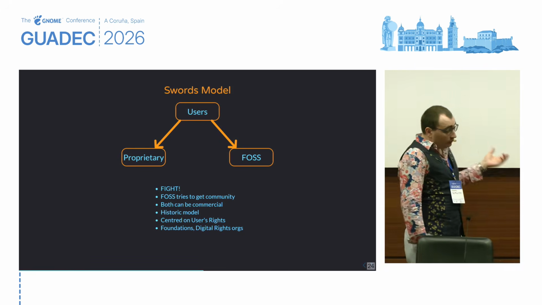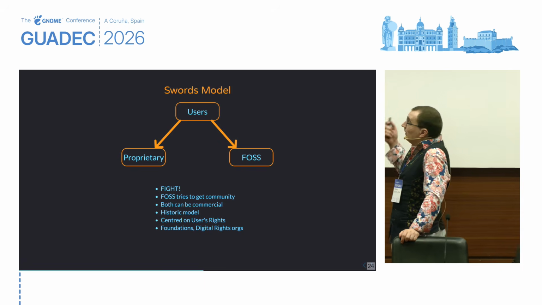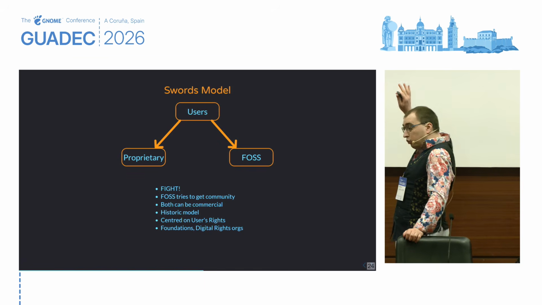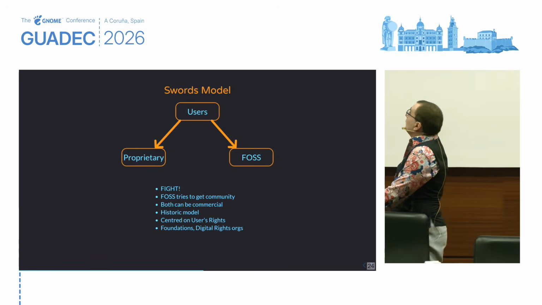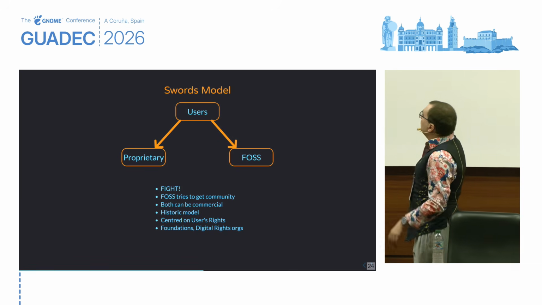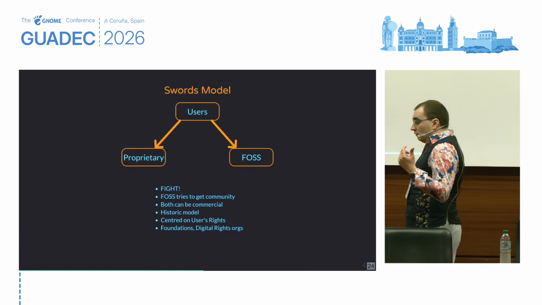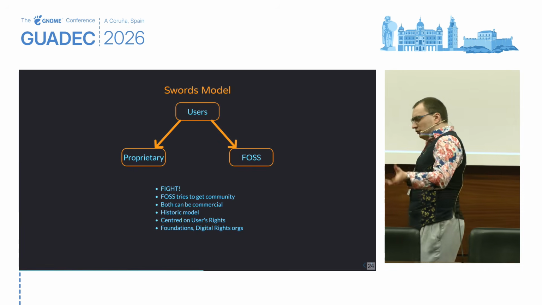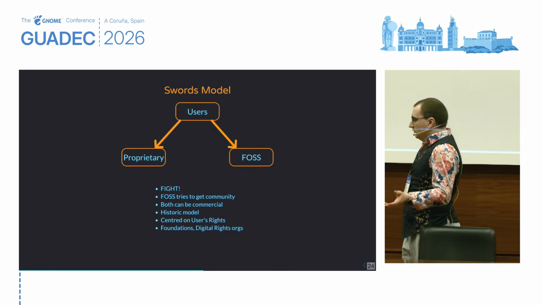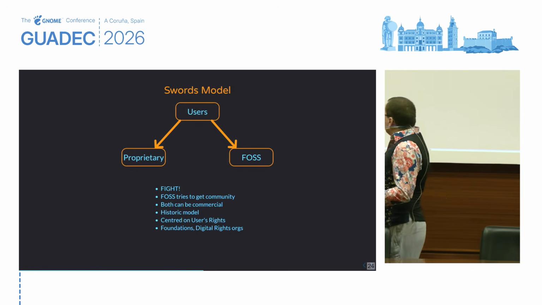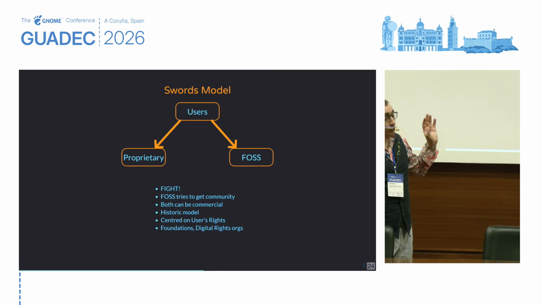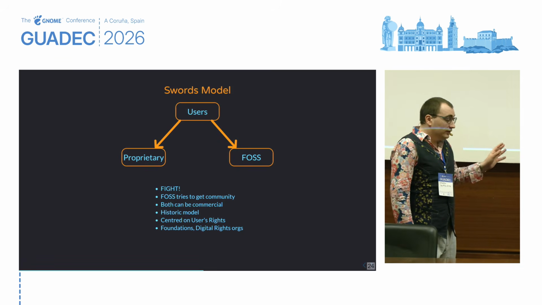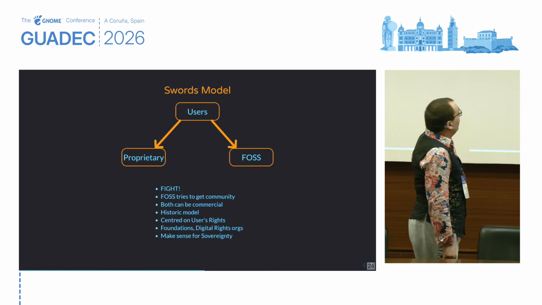And so we see all kinds of foundations and digital rights organizations that have built around this idea. The GNOME Foundation is one of them. We can think of the Linux Foundation. We can think of the Apache Foundation, which is slightly different. We can think of FSF Europe, Free Software Foundation Europe. These are all organizations built around digital rights, and they work with digital rights organizations.